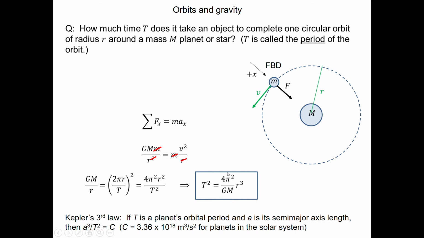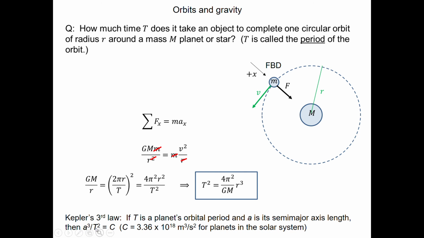If you take everything that's multiplying r cubed and divide it out onto the left-hand side and put the T squared in the denominator, we would have r cubed over T squared is equal to a number. And that number only depends on the mass of the object that things are in orbit around. So in the case of the solar system, our r cubed over T squared would only depend on the mass of the sun.